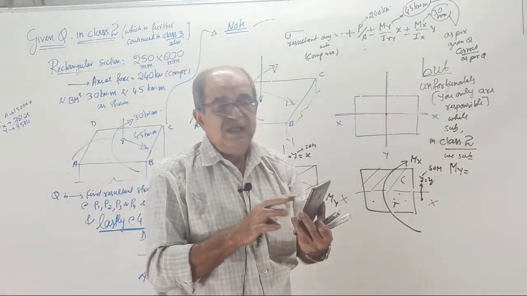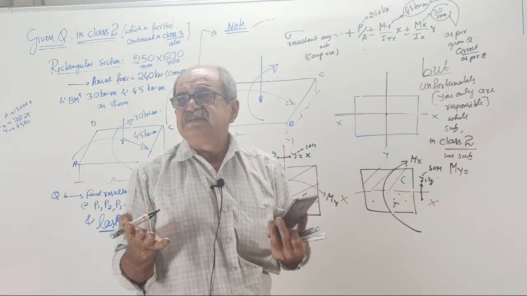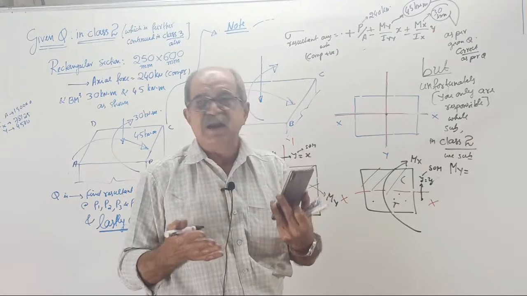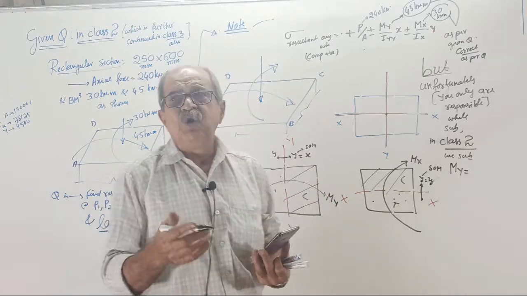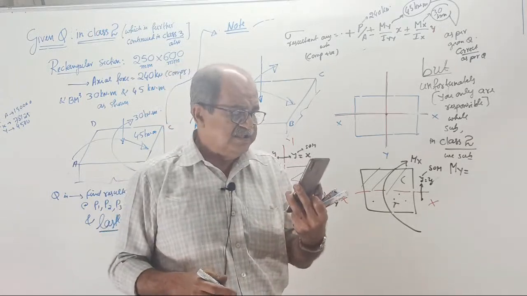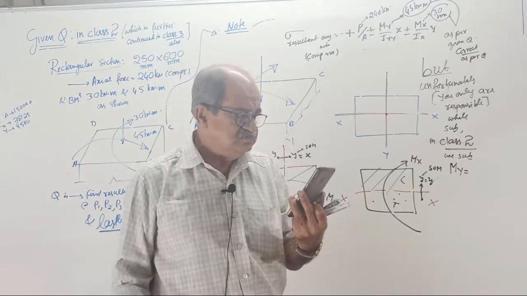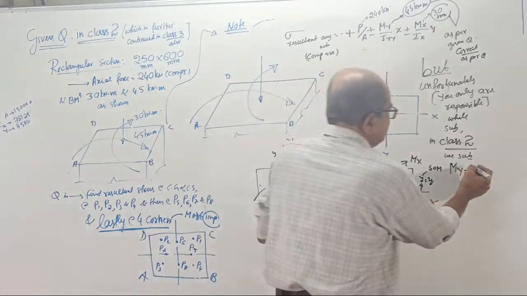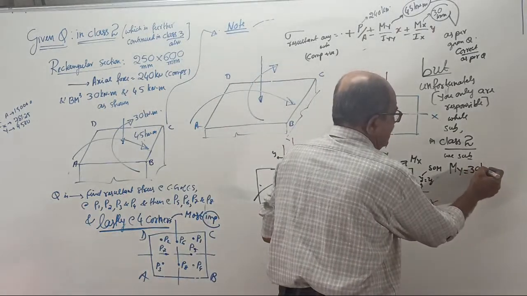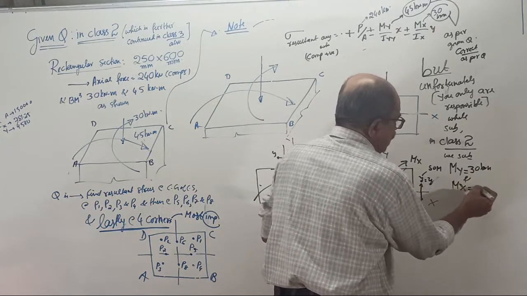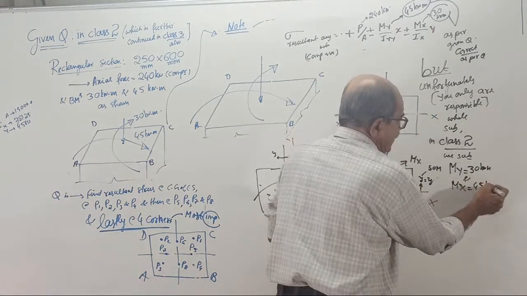In class 2, one class you are wasting because of no cooperation or not good response. We are wasting one class. But it is a good lesson for you. We substituted 30 kilonewton meter and substituted mx equal to 45 kilonewton meter.